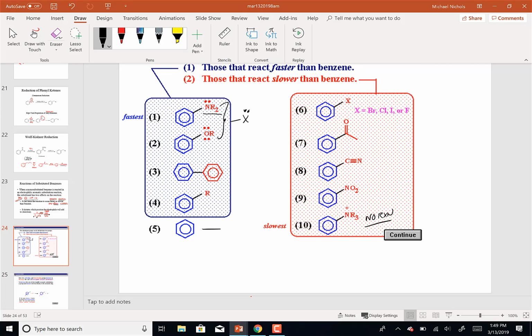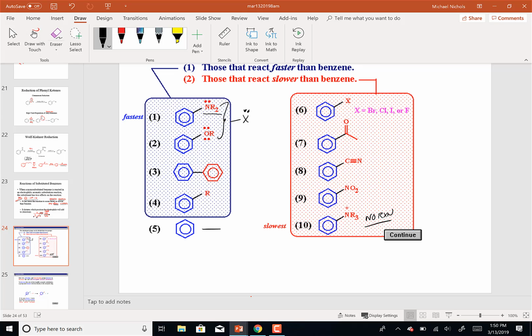So what we need to do is go through, which is what the rest of the slides do. Hopefully you'll be able to stay awake on Friday. We're going to go through how each one of these groups stabilizes, how groups push electrons, and how they pull electrons out. Once we do that, we'll be able to figure out how it directs.